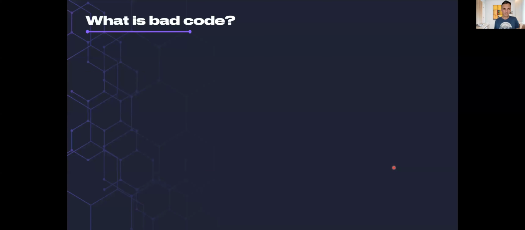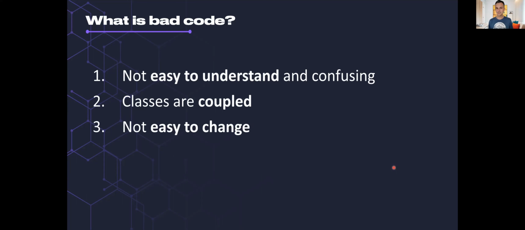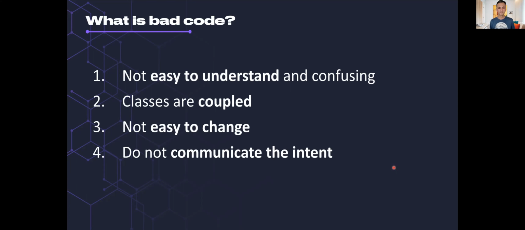And if you want to try to define what is bad code, it is code that is not easy to understand and it is confusing. The classes are coupled. It is not easy to change. So when you change this in one place, you need to change it in many places, and it doesn't communicate the intent.